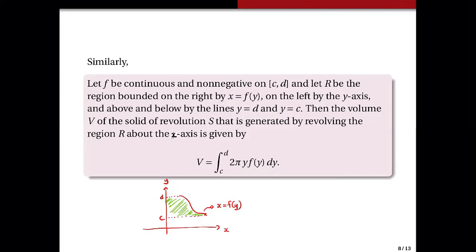And then the axis of revolution, it's the x-axis in here. So we are revolving about this axis. So in here, for the method of cylindrical shells, your approximating rectangles for the region will be horizontal, parallel to the axis of revolution. Questions?